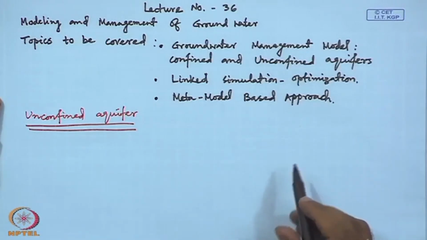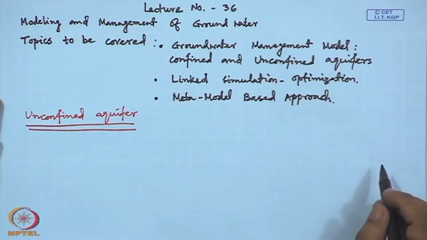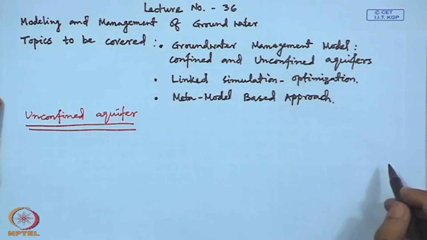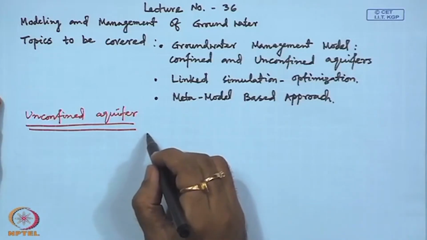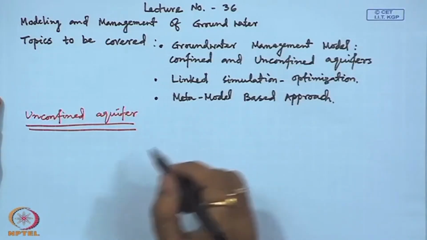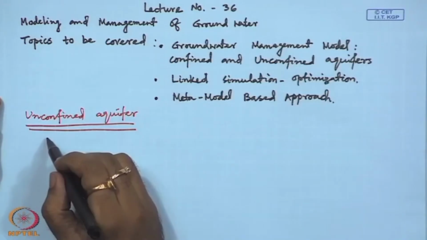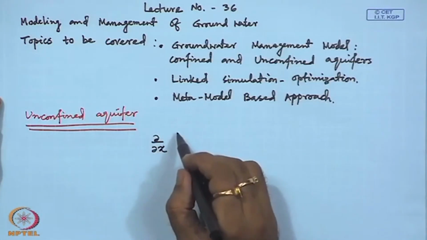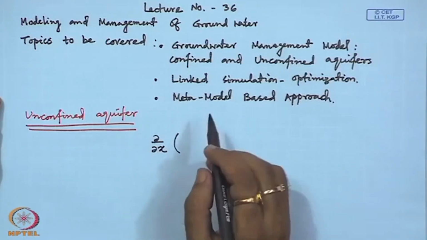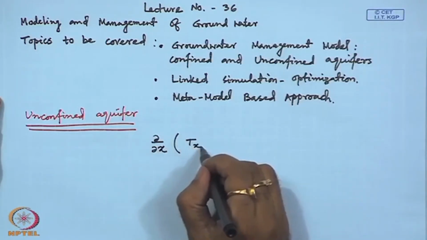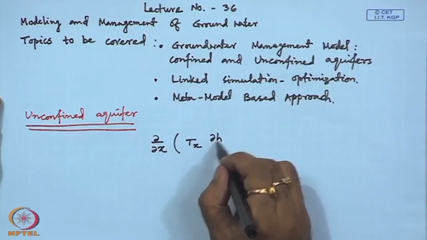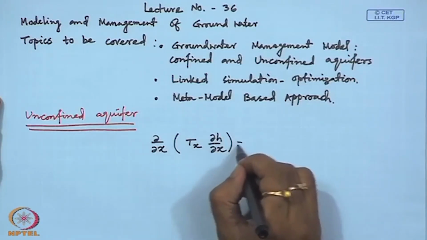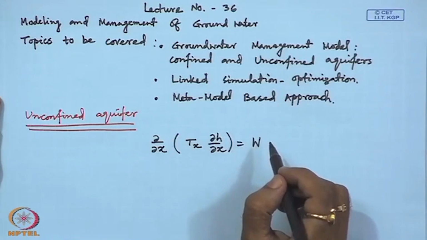So, the steady state groundwater equation for unconfined aquifer can be written as, where x is the flow direction, del by del x of T x del H by del x equals W.